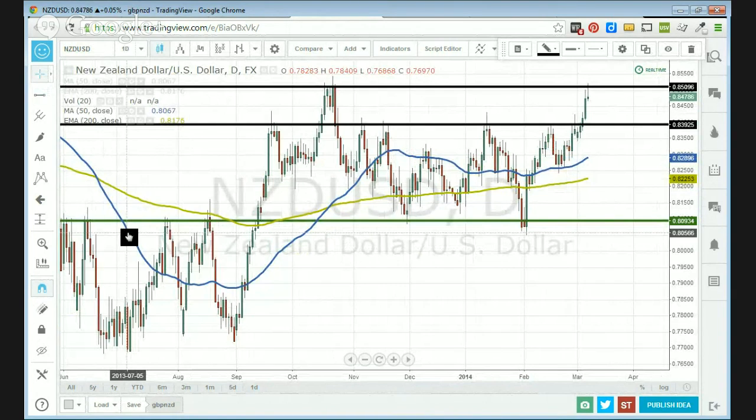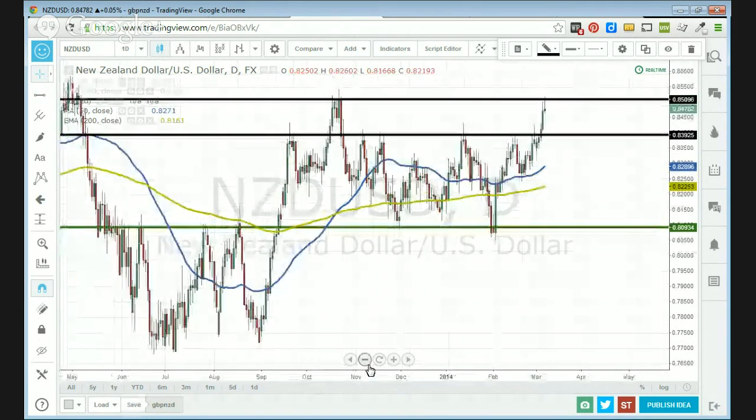So I see the rationale. And I got stopped out here for a loss recently, but that's okay. Well, not preferred, but I'm not trying to hold on to that. Hmm. Kiwi dollar. Okay, I think I am. Let me move back a little bit.